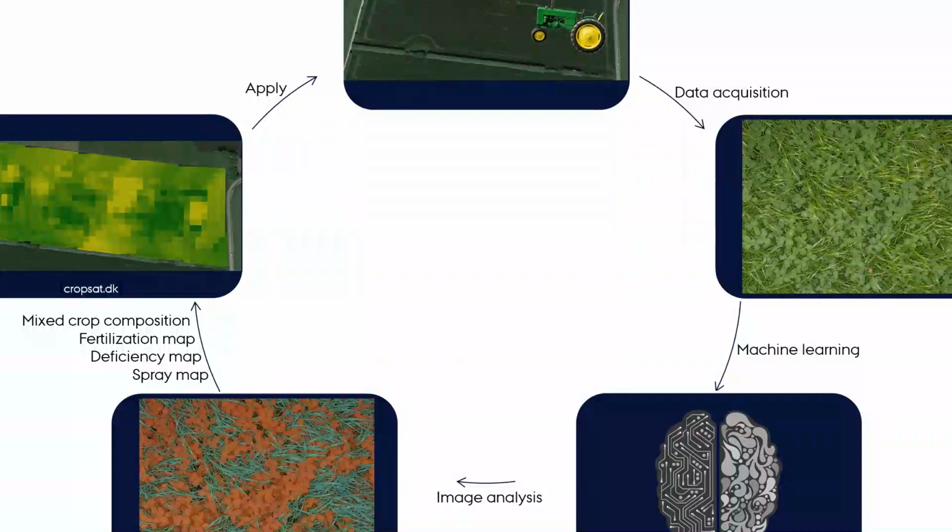In my work, this involves going out to the field, collecting images in one way or the other, and doing some machine learning and computer vision to digest that data into something that we can use. Then we act on that data. That could be mixed crop composition, fertilization maps, deficiency maps, spray maps for herbicides, a wide range of maps. And then we could apply that in the field where it's reacting specifically to what's going on in that spot in the field.